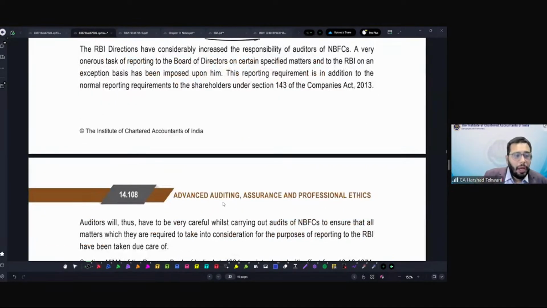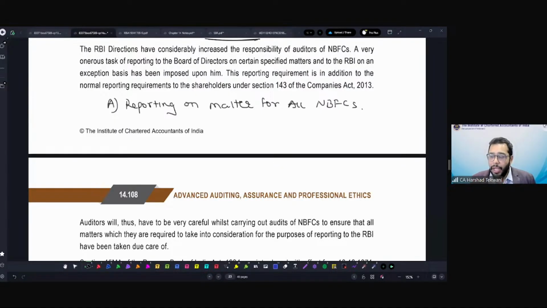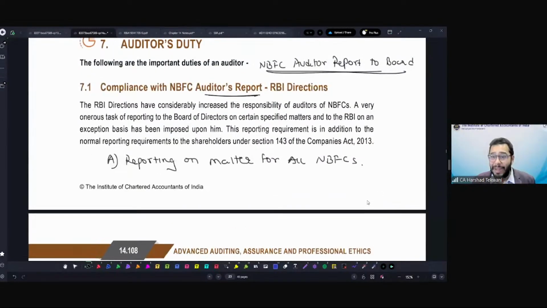Number one, or category A, is reporting on matters for all NBFCs. It means that by default, for all NBFCs, the auditor has to report on these matters.